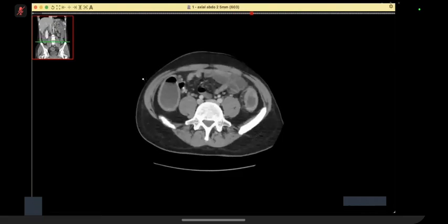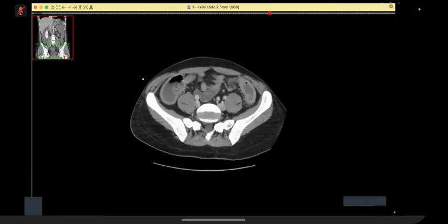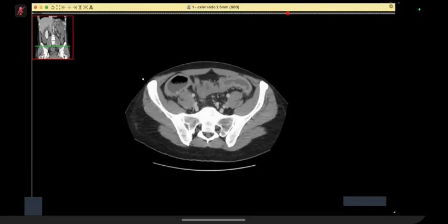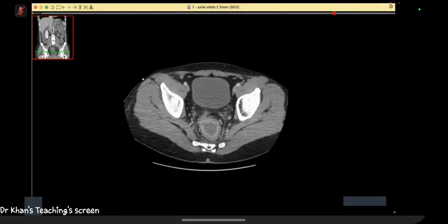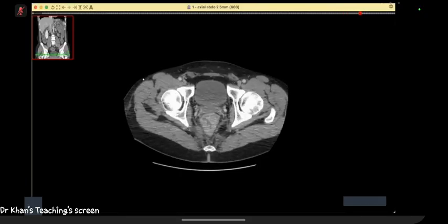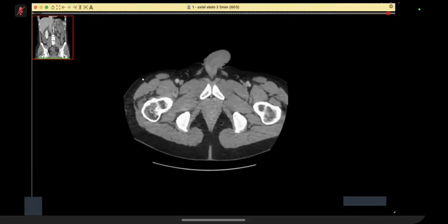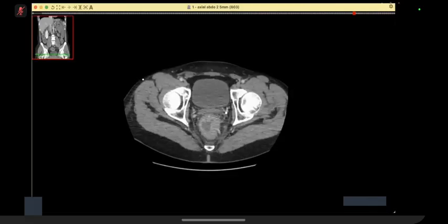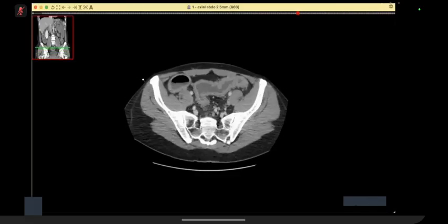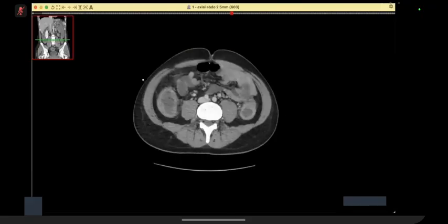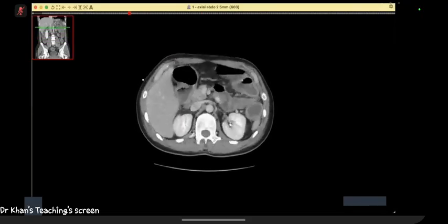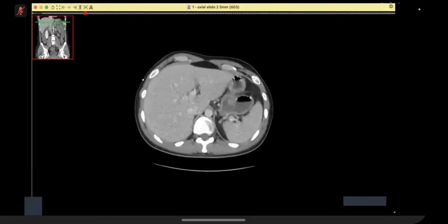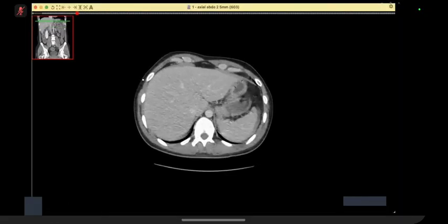I can see there is thickening, diffuse edematous wall thickening of the rectum, sigmoid, and ascending colon. It's all the large bowel.